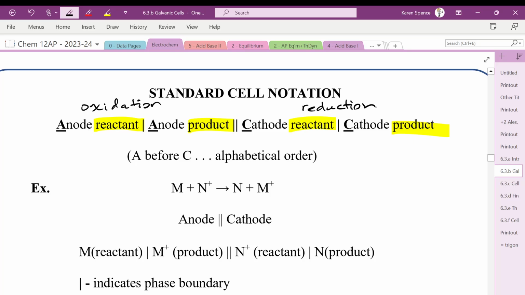Now, what do these lines stand for? A single line stands for a phase boundary. What is a phase? The phase is the state. So you can imagine if we have a metal, which is a solid, that is a different phase than the metal ion, which is aqueous. So we have drawn a phase boundary.